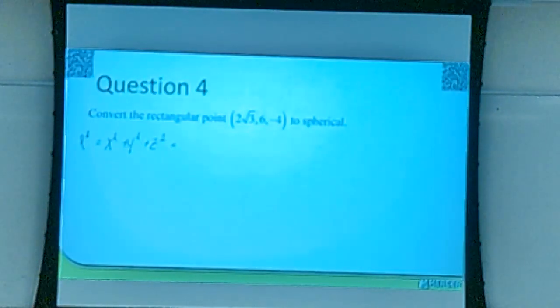To satisfy the equation of the sphere. What's 2 root 3 squared?